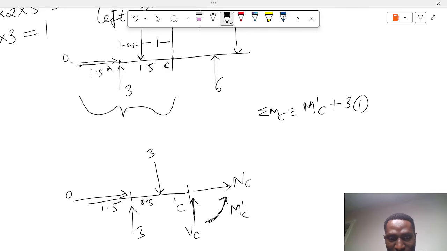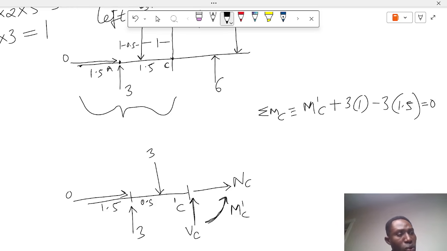Then the final moment is negative because it's going clockwise. You have minus 3 bracket 1.5. And we say the sum of the moments in engineering statics is equal to 0.